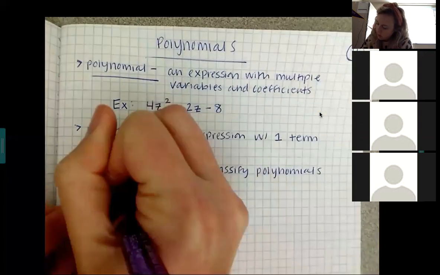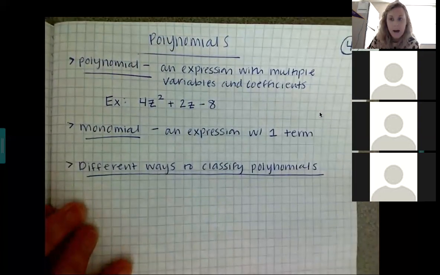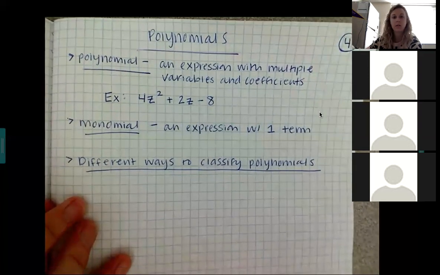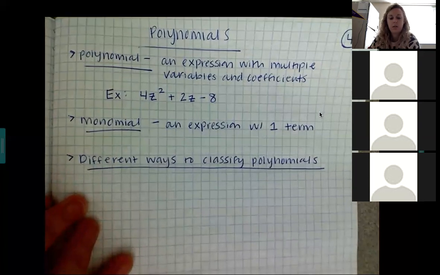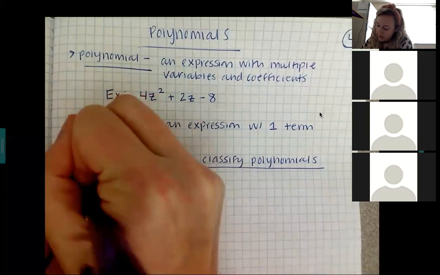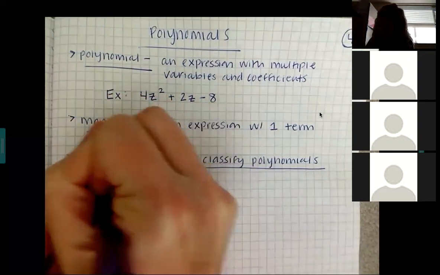All right, so there are 3 different ways to classify polynomials. So that's what we're going to talk about next. All right, so the first way we can classify a polynomial is by the number of terms that it has.